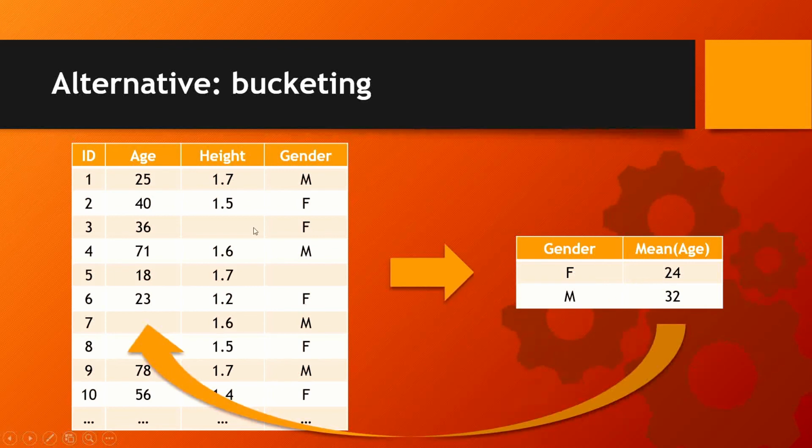You can apply the same technique for height and get similar imputations. For categorical variables, it is recommended that you continue using the mode, or you can also apply this technique to categorical variables. You can look at different bands of age or height, see what is the most frequently occurring gender, and then impute the data accordingly.